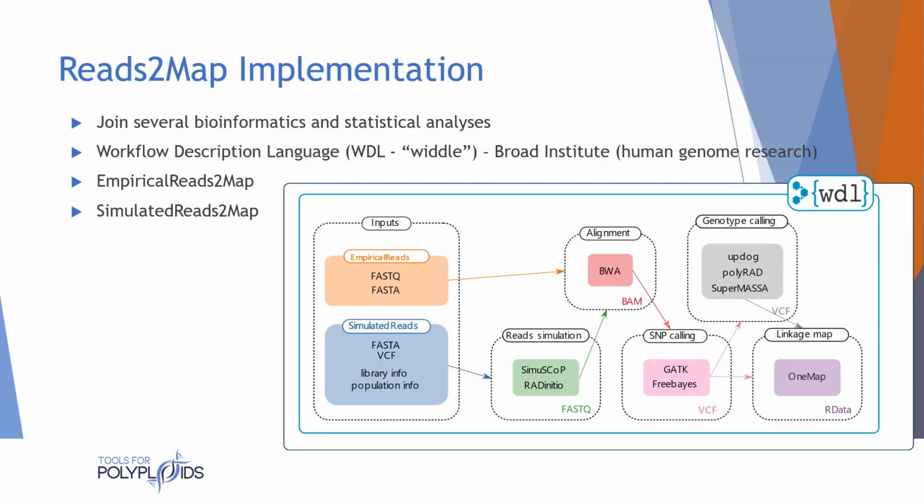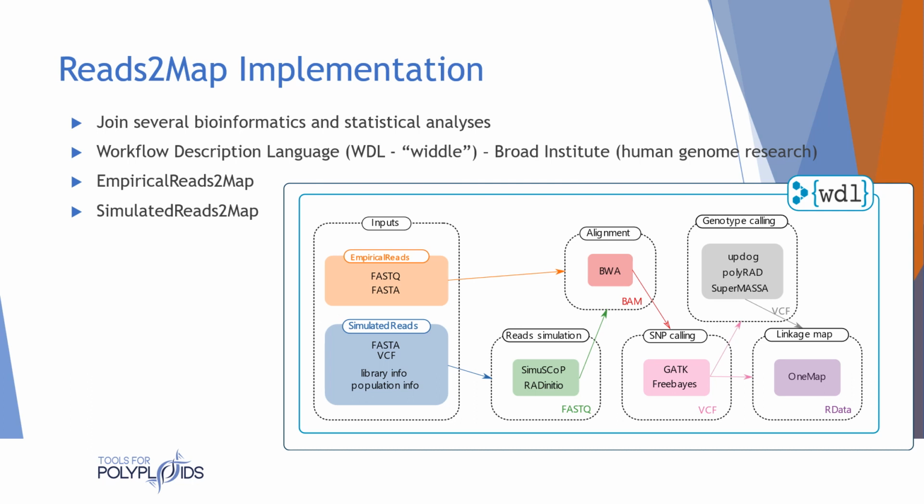Here, we present the Reads2Map workflows to build linkage maps from sequence data of experimental F1 outcrossing populations, testing combinations of upstream tools. The workflows are written with workflow description language, also called WDL, which offers a comprehensive structure and metadata for each step, making it easier for users to adapt specific parameters.